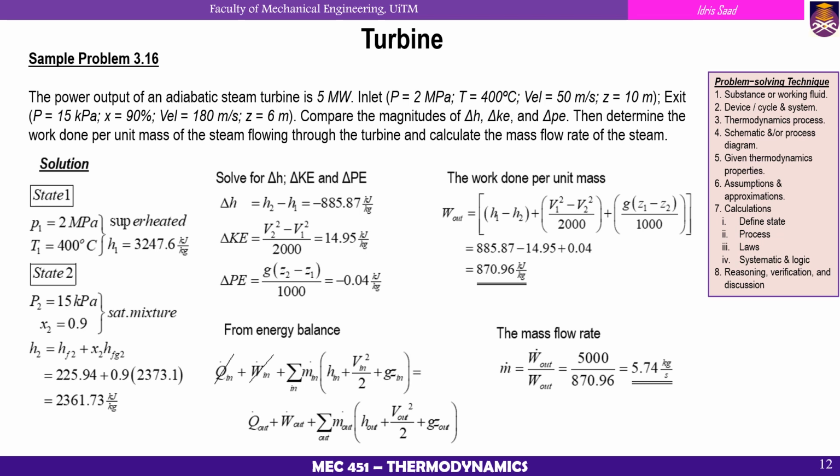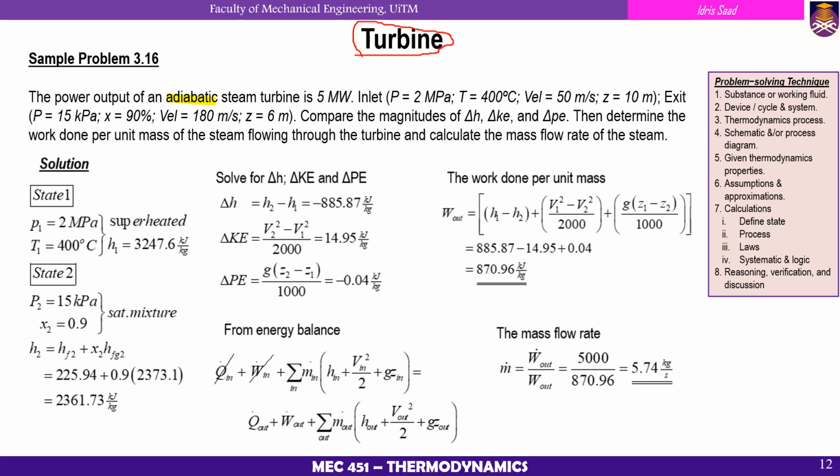This is sample problem 3-16, to discuss the problem of the turbine. First, let us read the question. The question says the power output of an adiabatic steam turbine.